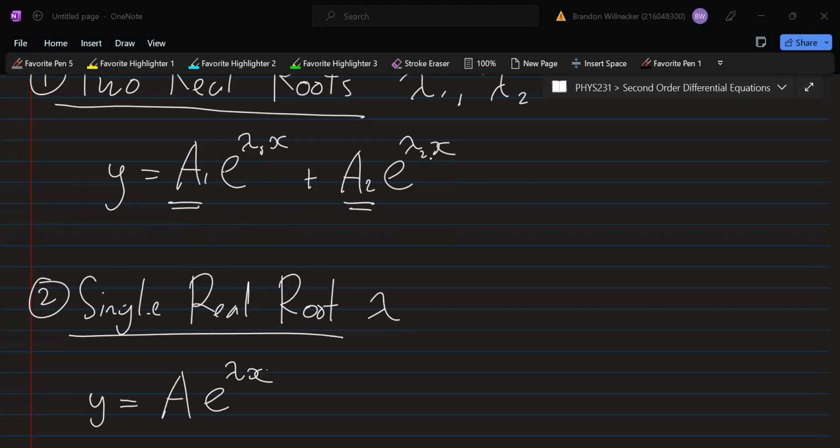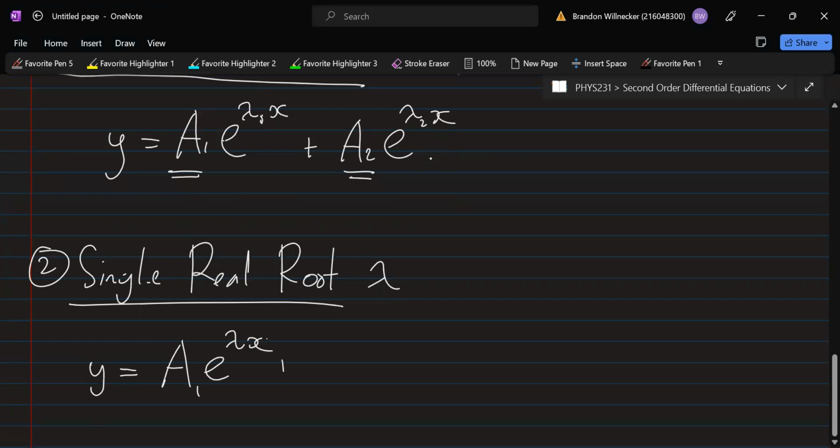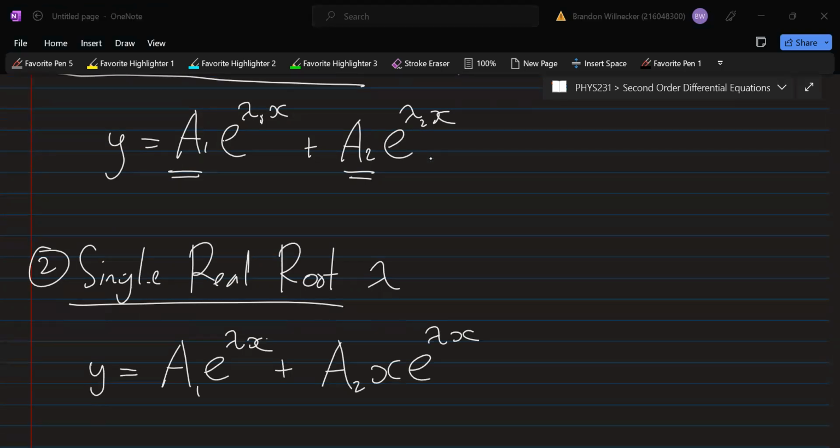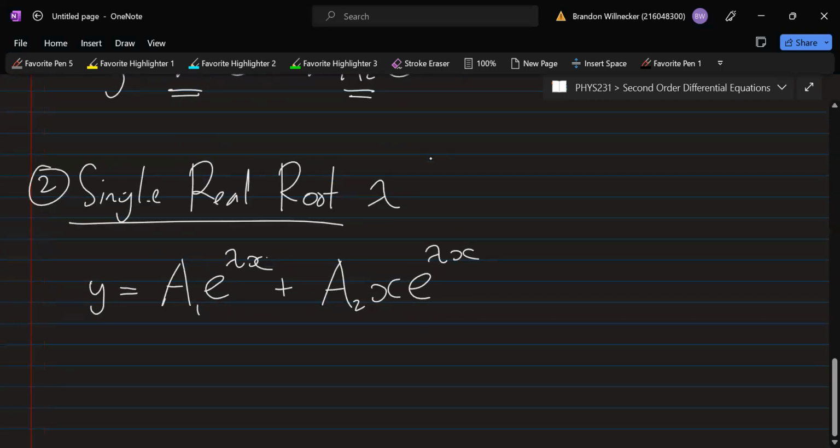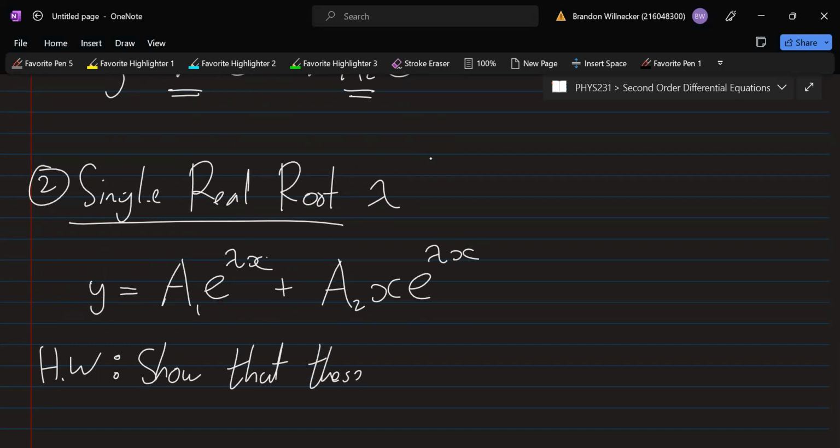The way that we do that is by adding an extra term, plus a2 x e to the lambda x. These are independent and they span the solution space. Maybe we can leave that for homework. If we treat these as vectors in a vector space, homework: show that these are independent.